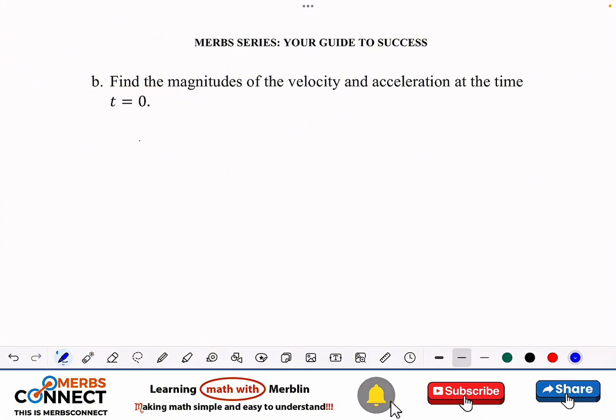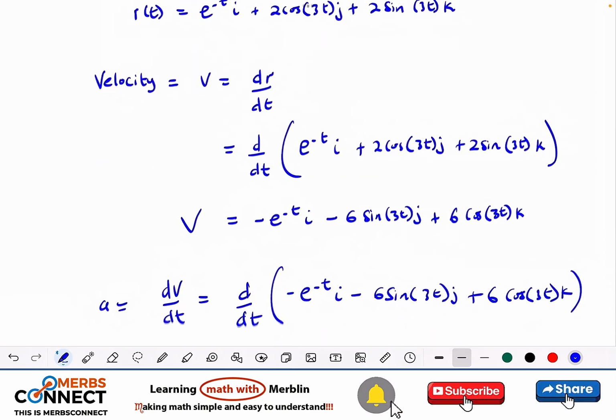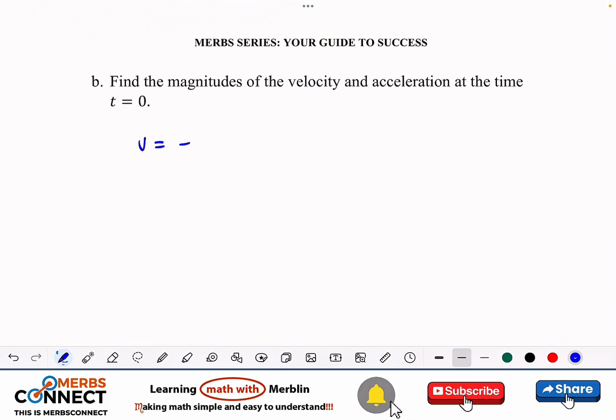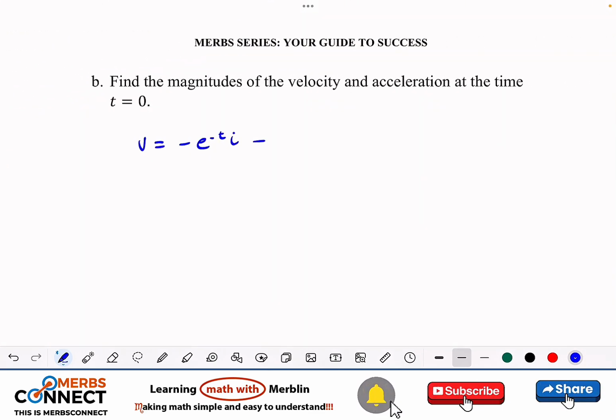So we know that velocity is equal to, from here we saw, minus e to the power minus t i minus 6 sine 3t j plus 6 cos 3t k. Now we all know that if we want to find the magnitude, then we need the absolute value of v.